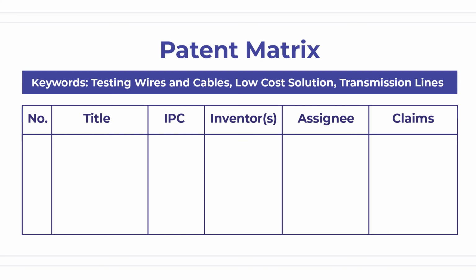The first column for the patent matrix is for title, followed by the second column named IPC. IPC is short for International Patent Classification. It is then followed by the column of inventors, followed by the column for assignees, and then claims.